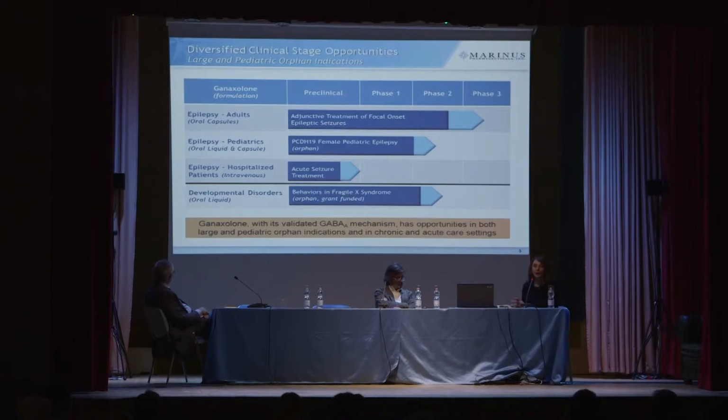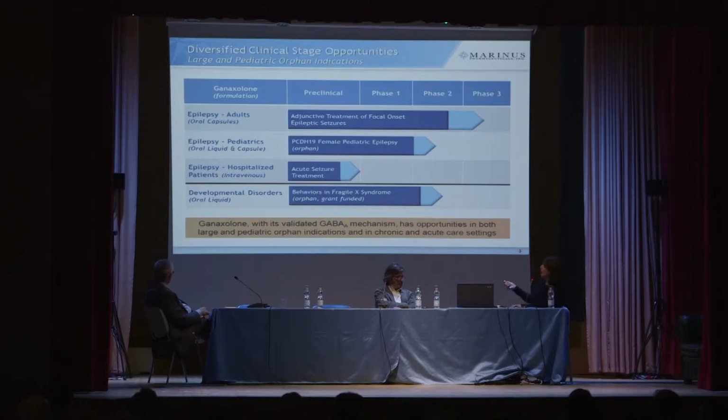We do have a phase 3 study in adults with partial onset seizures. This is the most advanced indication for us, and we do have a pediatric plan, as we intend to have the drug available for children, whether it's going to be PCDH19 specific or not. The data will guide us.